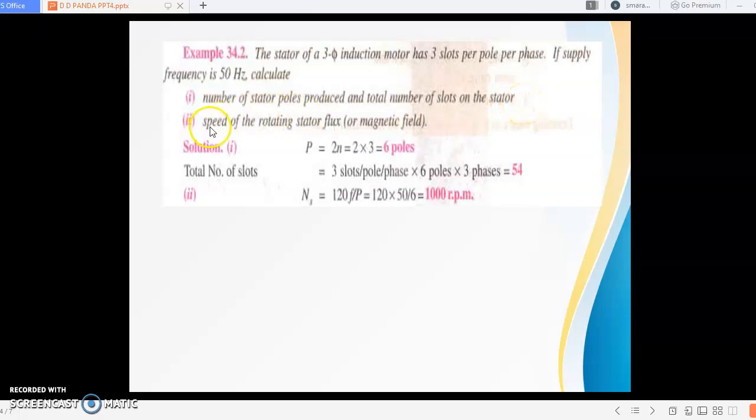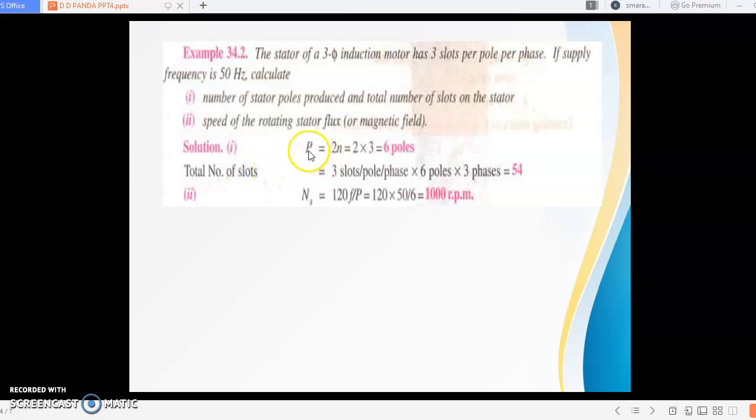Secondly, we have to calculate the speed of the rotating stator flux, or simply we can say speed of the magnetic field. Well, the values given are number of slots per pole per phase and frequency value. First bit we have to calculate the number of stator poles and also total number of slots.